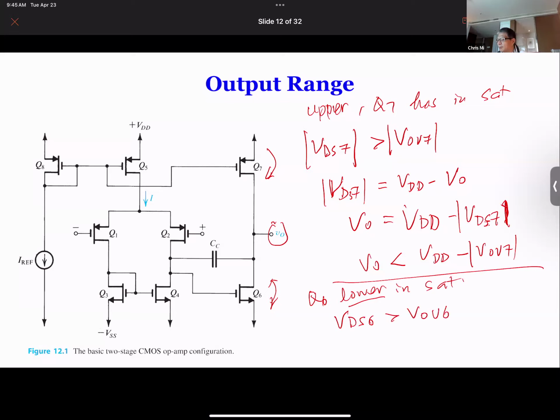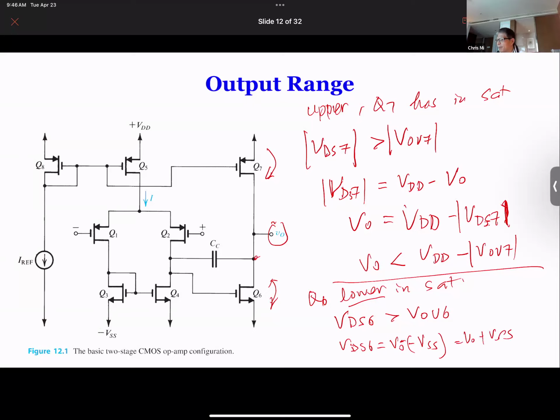And VDS6 is equal to VO minus VSS. So equal to VO plus VSS.